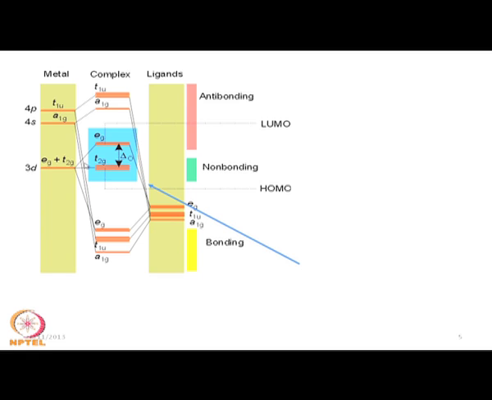Since these two give a bonding part and an anti-bonding part, the bonding part will have energy close to the ligand side. That means the presence of 4s and 4p levels will not change the energy level much from that of the individual atomic orbitals from the ligand side.